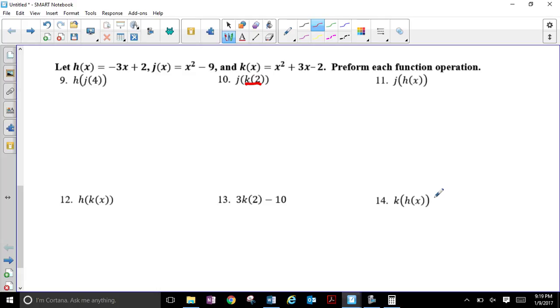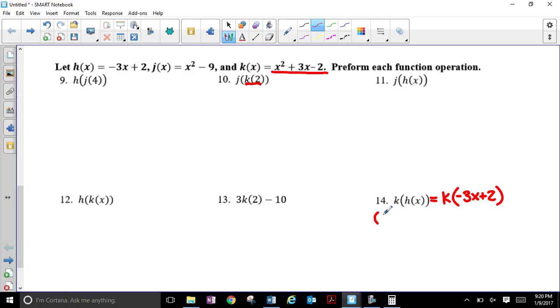So I would be doing k of, and then h of x was -3x plus 2. Okay, so we're taking h of x, which is the -3x plus 2, and plugging that into the k function. So then what that looks like is right here, we're going to plug that in.